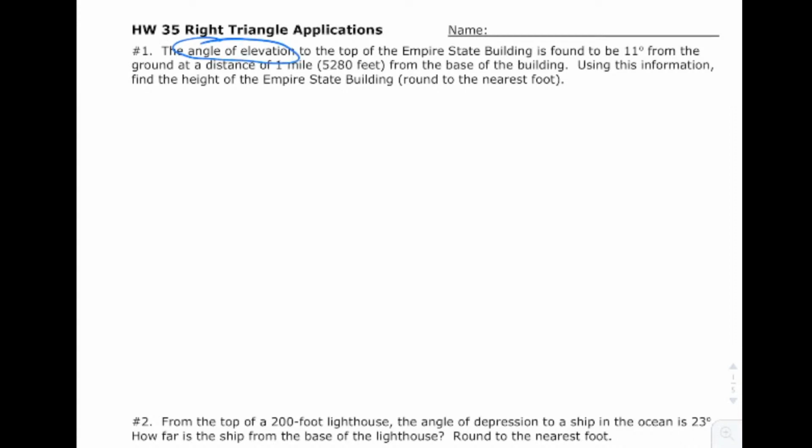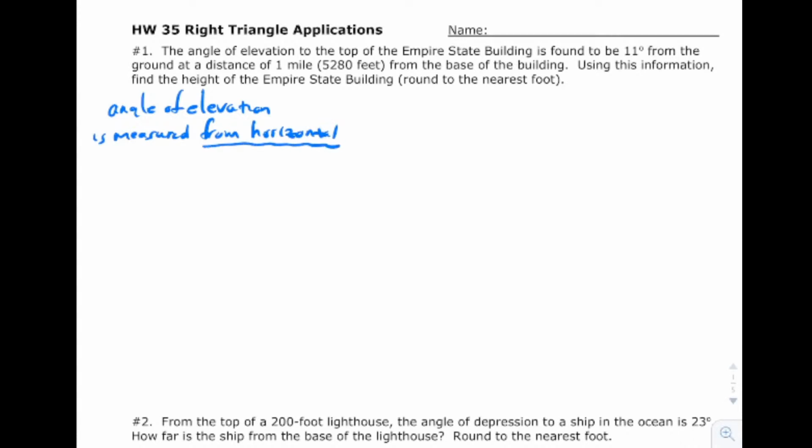Here's problem 1. And already we have a new thing to learn. What does angle of elevation mean anyway? So I need to define that. Angle of elevation is measured from, and this is important, it's measured from the horizontal. The horizontal might be the ground, but it doesn't necessarily have to be the ground.